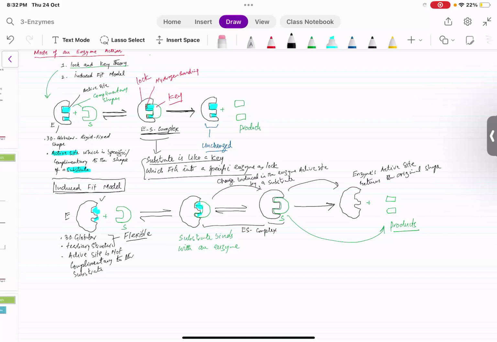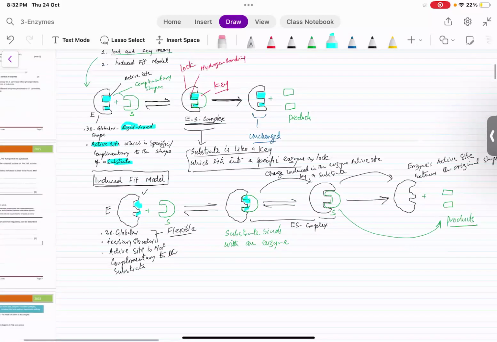So if we compare the induced fit model and the lock and key model, the lock and key model has a rigid or fixed shape, whereas the induced fit model has a flexible shape. The shape of an active site is complementary in the case of the lock and key model, whereas it is not complementary in the case of the induced fit model.